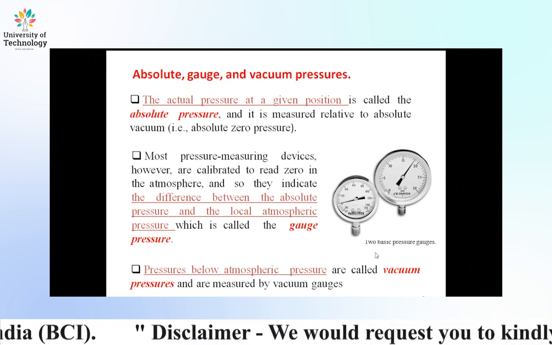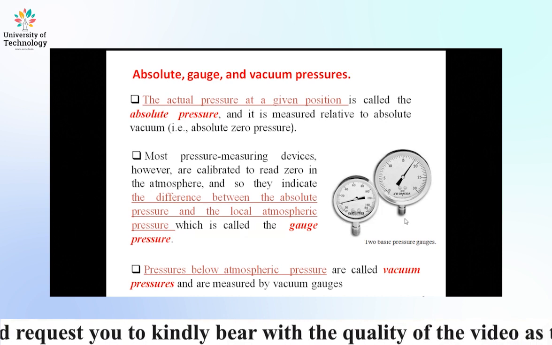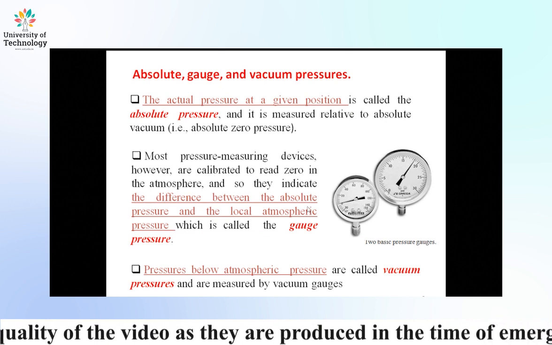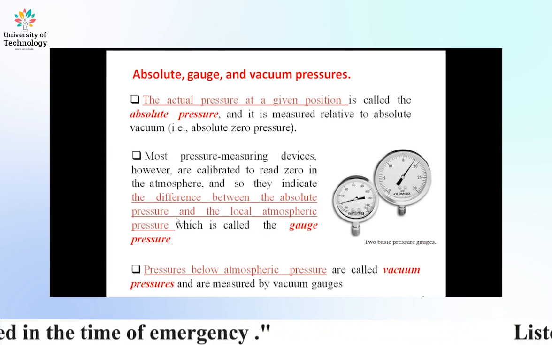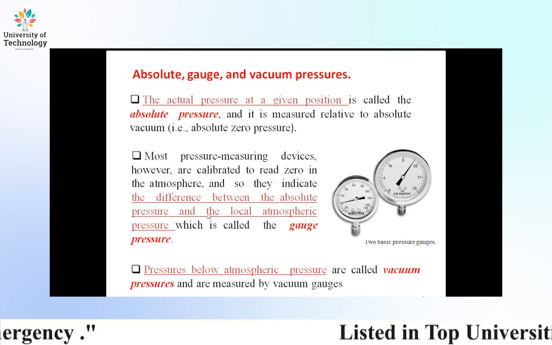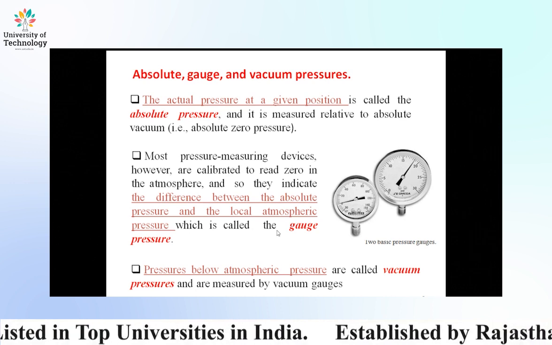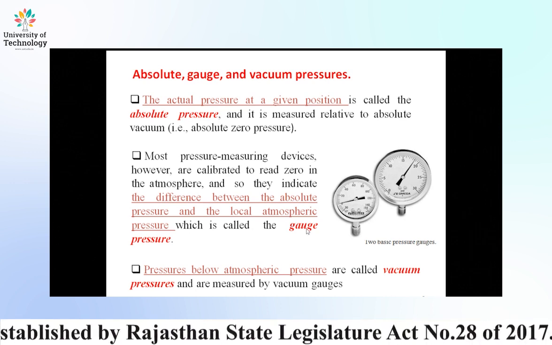Most measuring devices are calibrated to read zero in the atmosphere. So they indicate the difference between the absolute pressure and the local atmospheric pressure, which is called gauge pressure. So gauge pressure is always above that of atmospheric pressure.